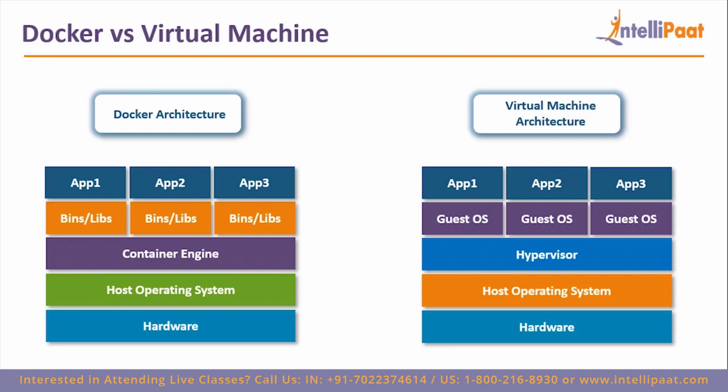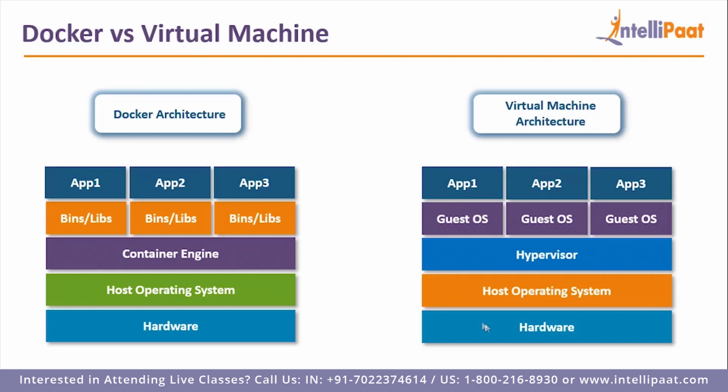On the VMs, you have the hardware, which is the same as the Docker architecture that we saw. Then on top of hardware, you have the host operating system, which is the same as the Docker container that we saw. Now, on top of the host operating system, you have a hypervisor or a VirtualBox kind of software, which will basically virtualize the hardware from the operating system and give it to the VMs running on top of it, right?